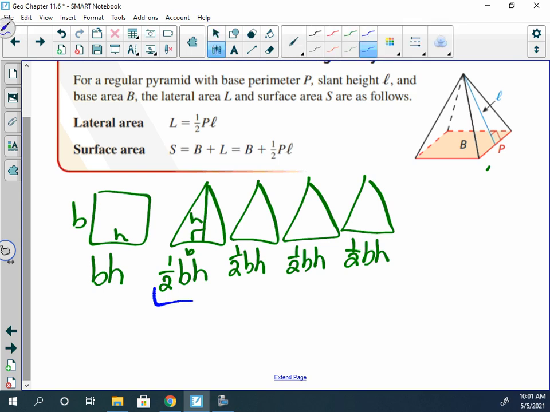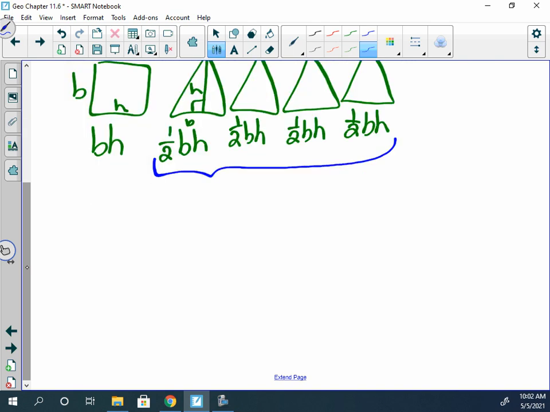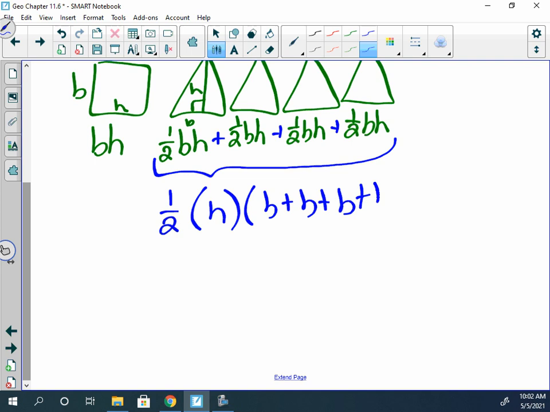When we look at this here, we have 1, 2, 3, 4 this time. And we're really adding these together to find the area of those lateral faces, yes? Well, they all have the 1/2 in common. So using properties of factoring, I can factor that 1/2 out because it's the same. The height is going to be the same, which really just leaves us with all of our bases being added together.